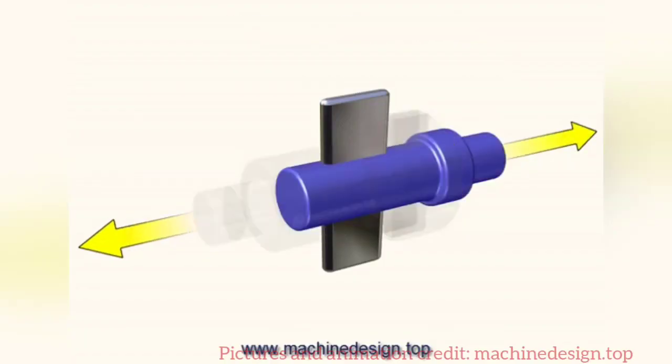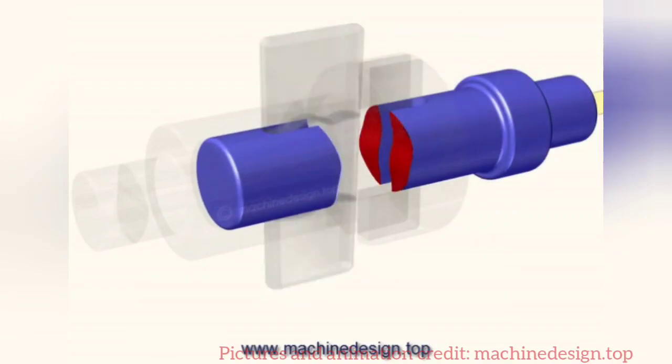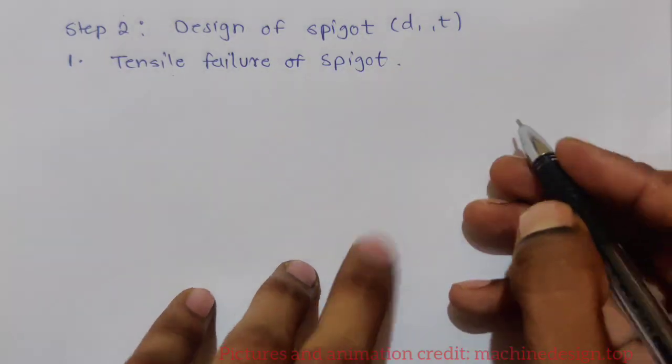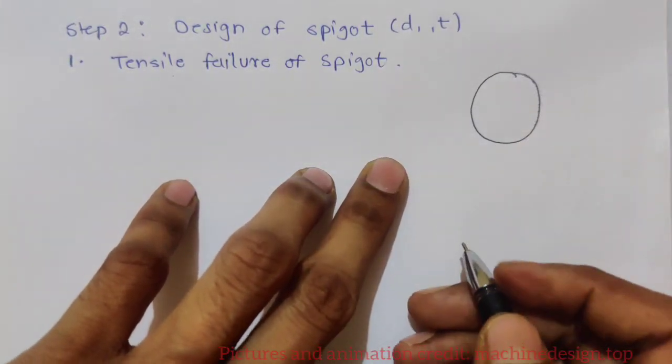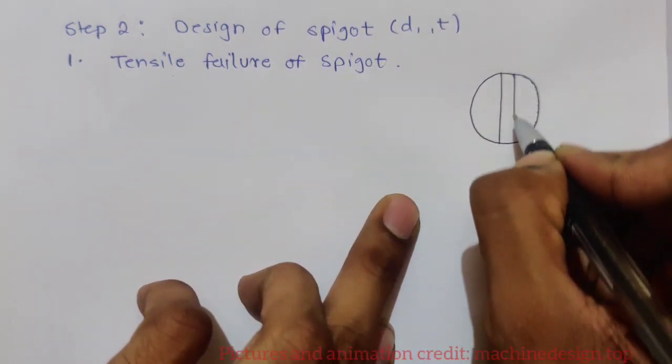Okay, so this red area means failure area. We have seen the animation, and the failure area was like this. Am I right? So it was something across slot.